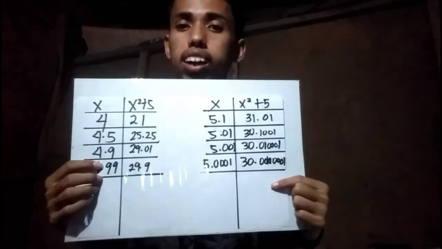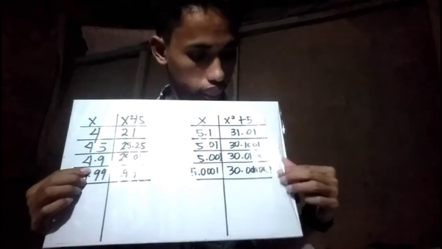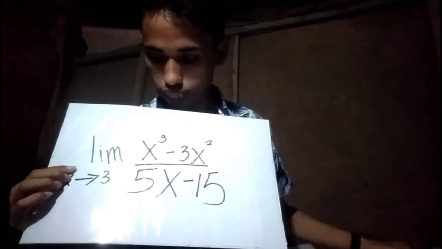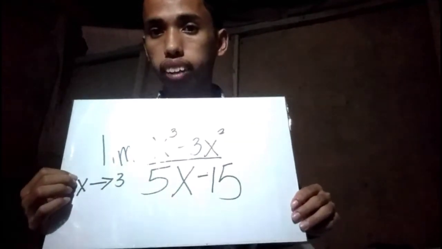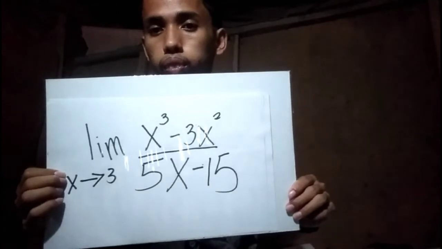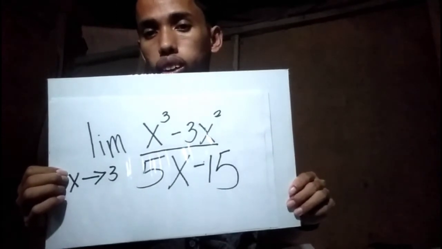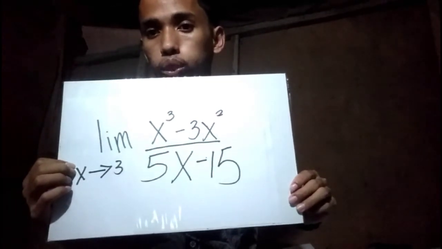And our last example, we have this one: the limit of x cubed minus 3x squared over 5x minus 15 as x approaches 3.